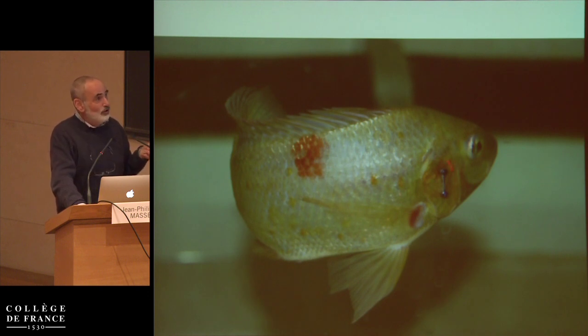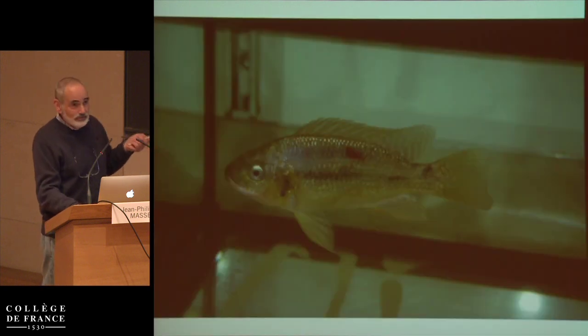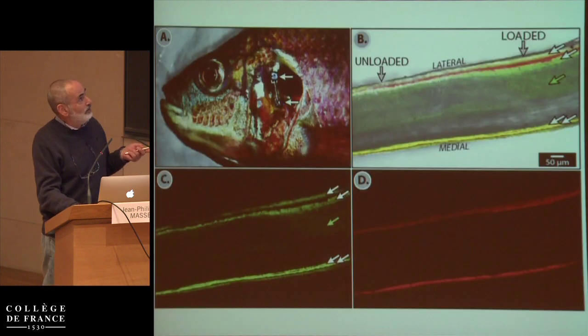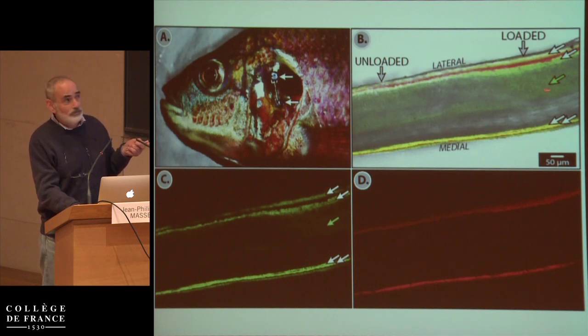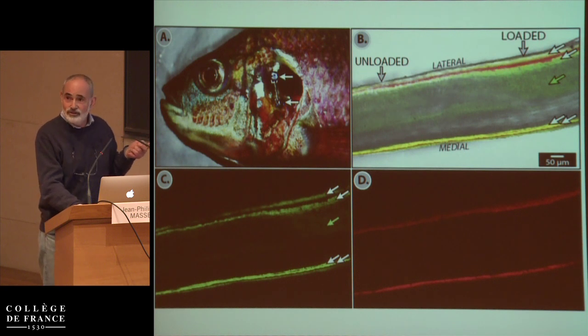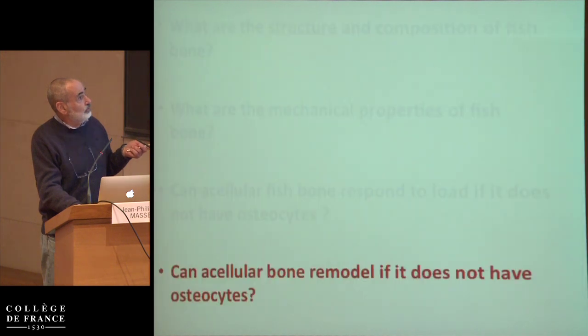And so it applies constant force between the two screws. It's an orthodontic spring, and it applies constant load to this bone. It's an artificial loading situation. And you see they swim quite happily, they don't mind. And what we see is that in the area where the spring was, there was more bone production. These stains are injected into the fish and bind to the bone and show where bone is produced. And you can see that there's more bone produced in the area that was loaded.